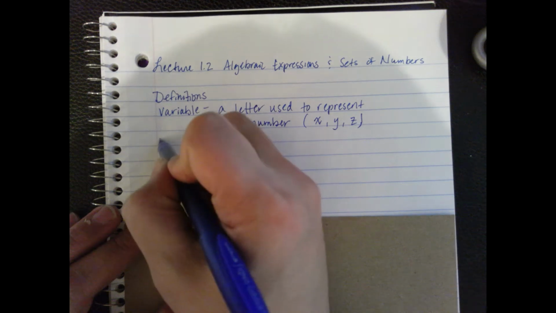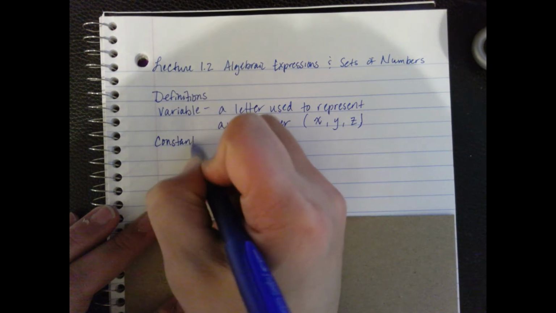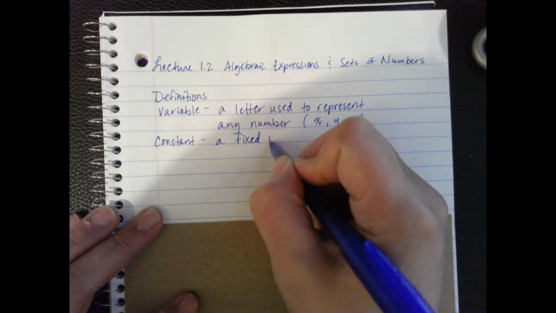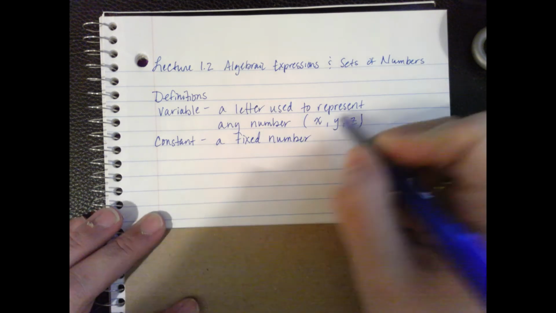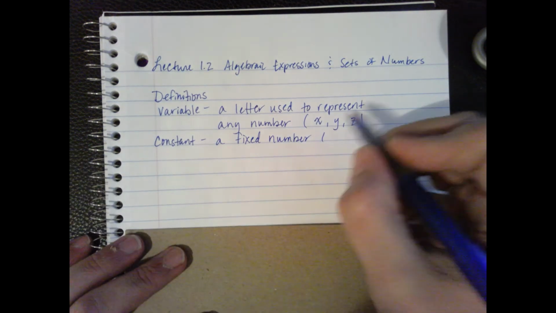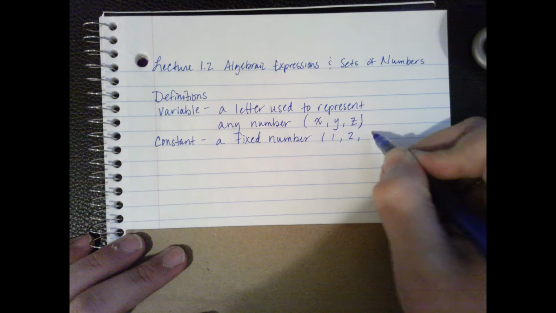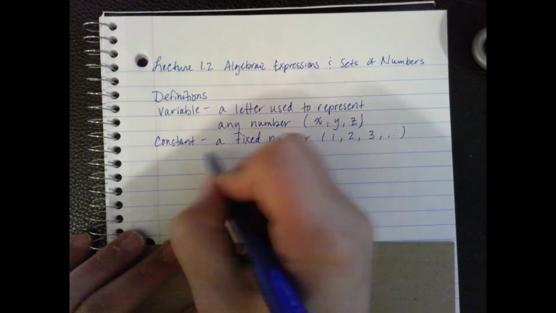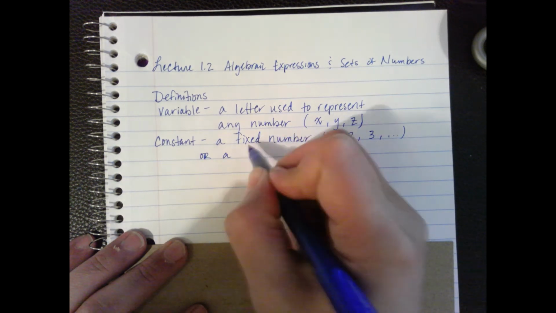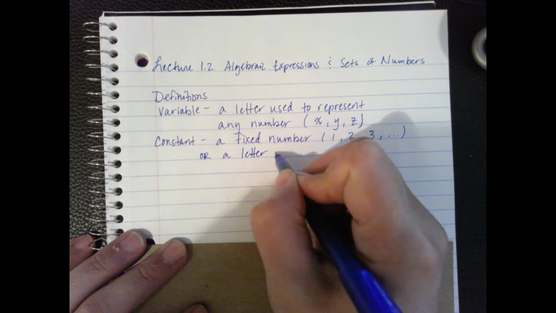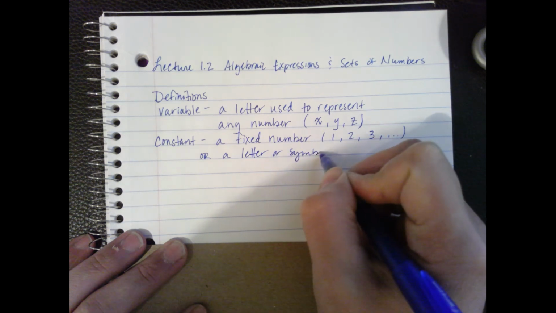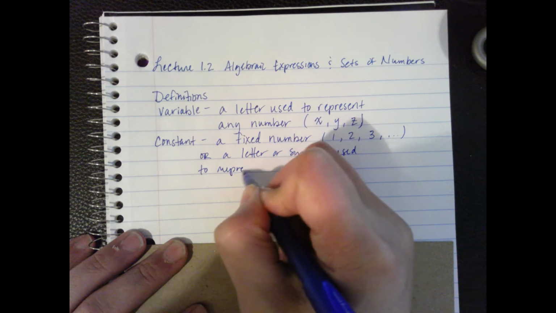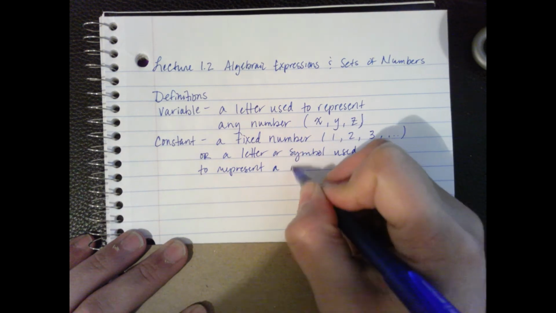Okay, so the next is a constant. Here we're talking about a fixed number, generally a number that we know: 1, 2, 3, and so on. Or it could be a letter or symbol used to represent a fixed number.